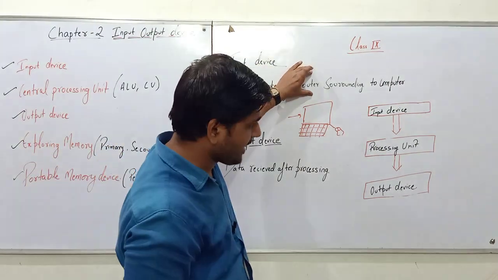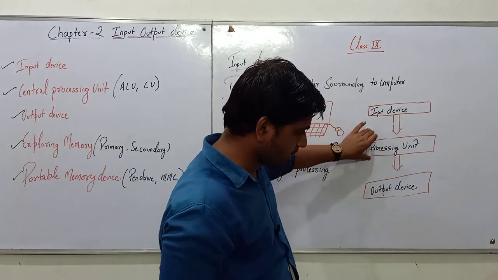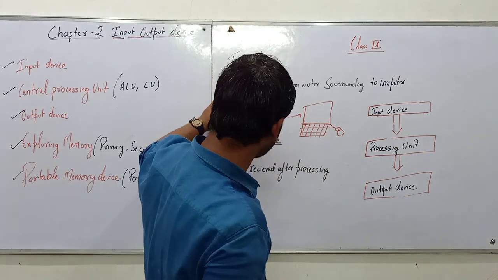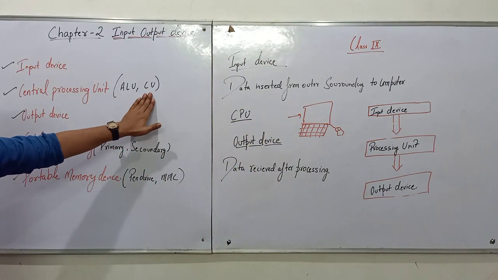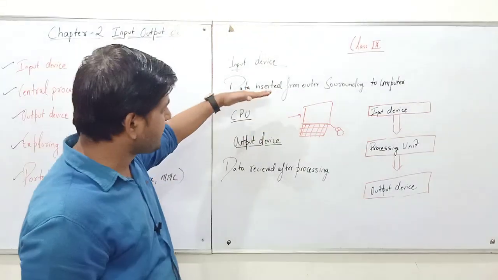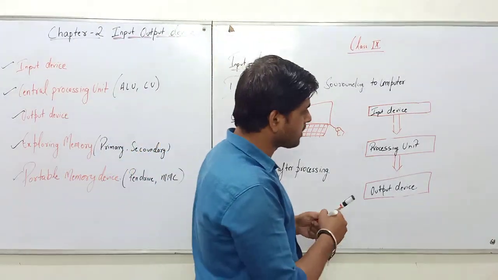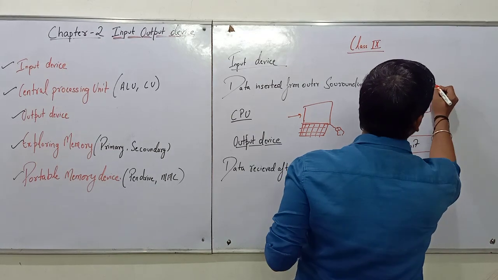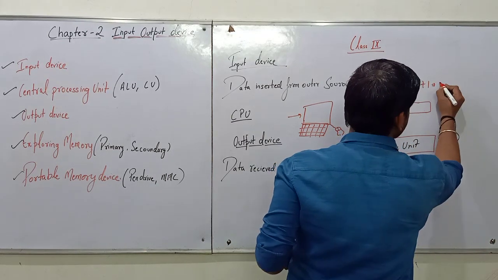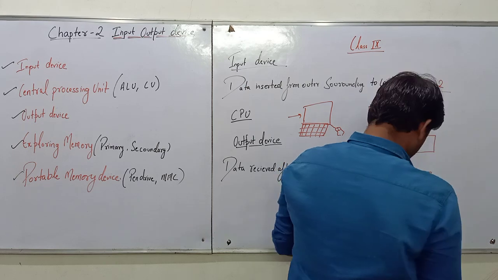Then whatever data has been given by the user is processed with the help of the central processing unit, that is ALU and CU. If the user gives the data 1 plus 1, it will be processed and the output will be generated, and it will give 2.